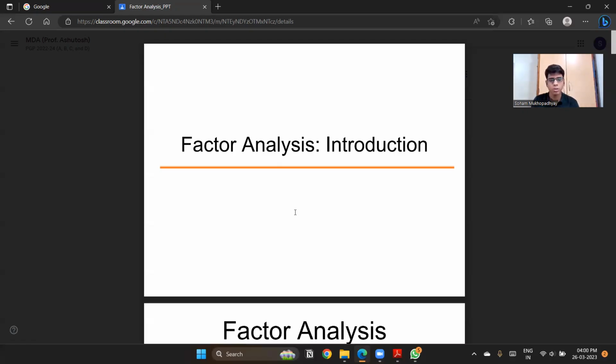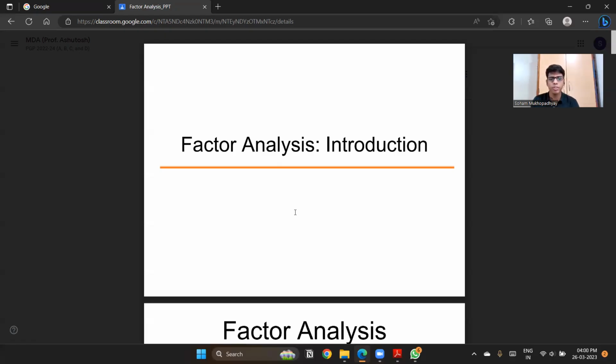Factors are also called latent variables, mainly because they are not actual variables on which you are collecting data. So let's say I take age, income, gender, class, whatever, seven variables like this, and I have collected data on each of these variables, and then I want to club them and make a factor out of them called demographics.